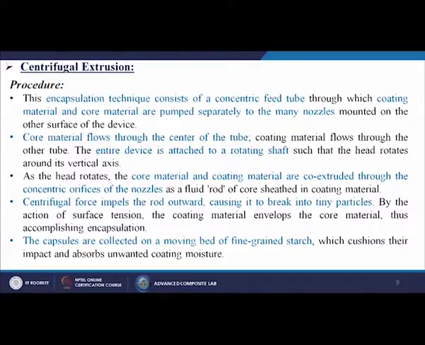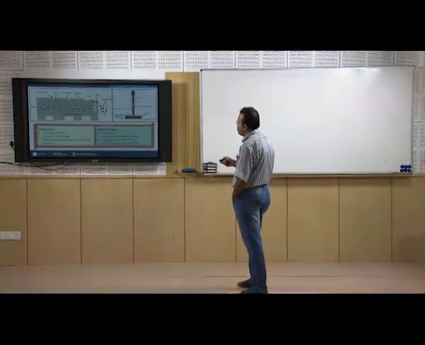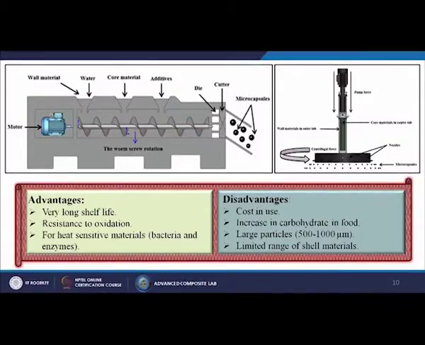So from this figure we can easily understand that here we have a motor, then we put the wall materials, that means the coating materials with water, and the core materials. Then we can add some kind of additives also, then we rotate this.